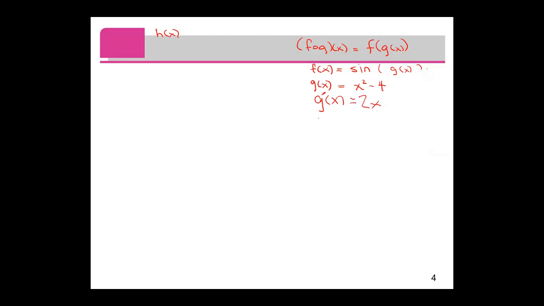And then I think it might be more clear if I write this as x squared minus 4. And then what's the derivative of f of x if I say that x squared minus 4 is another function? I guess that's what I want to say.